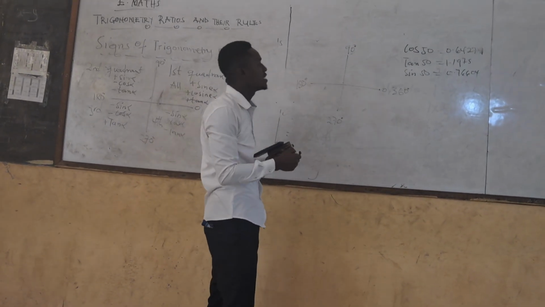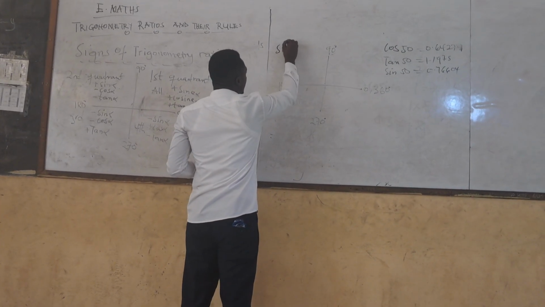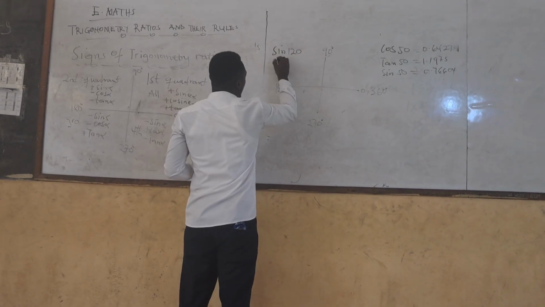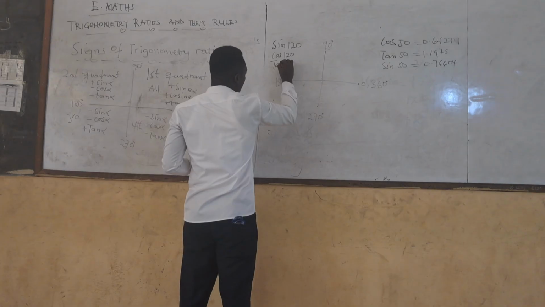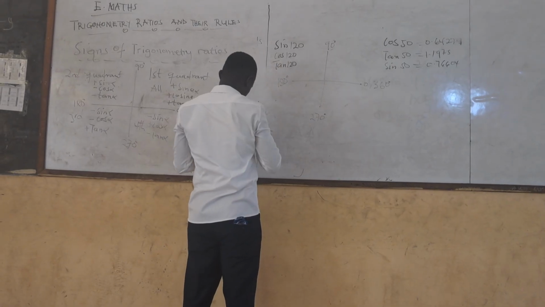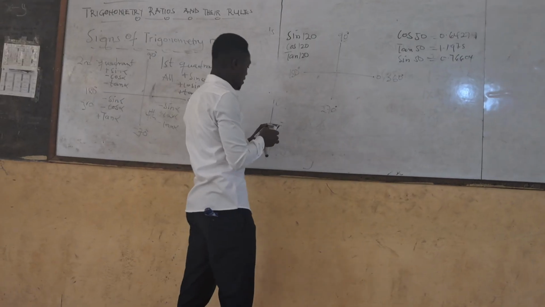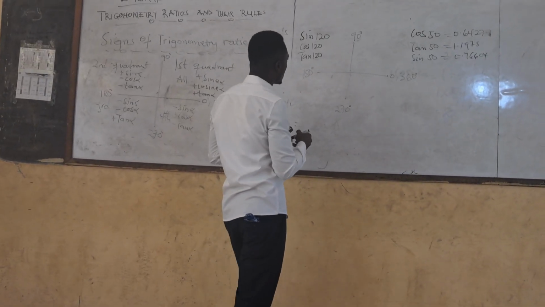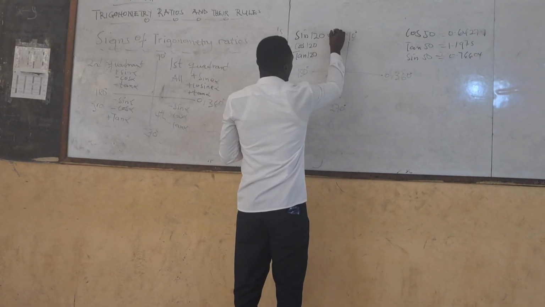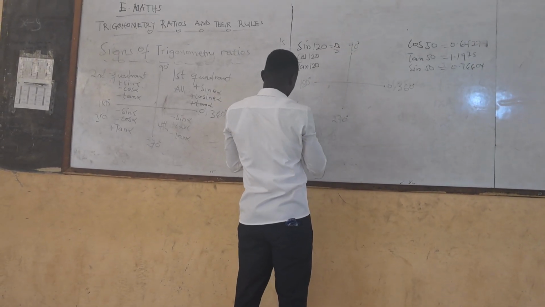So let's try sine 120, cos 120, then tan 120. Sine 120 gives us root 3 on 2.